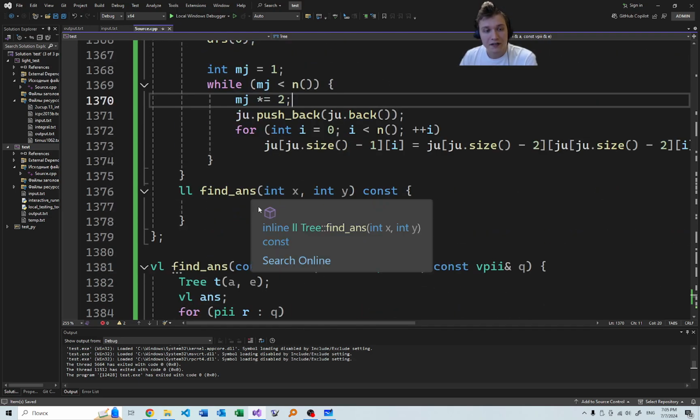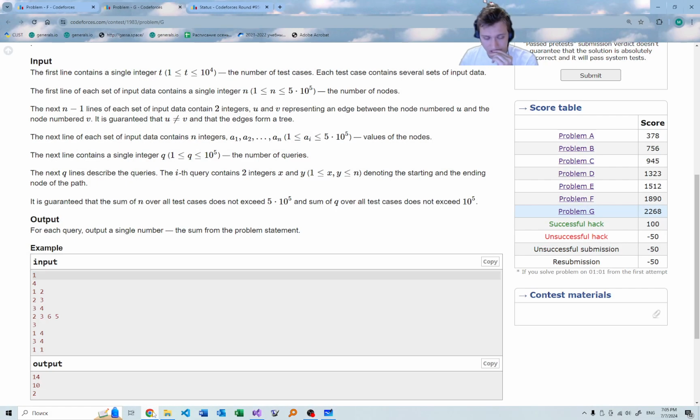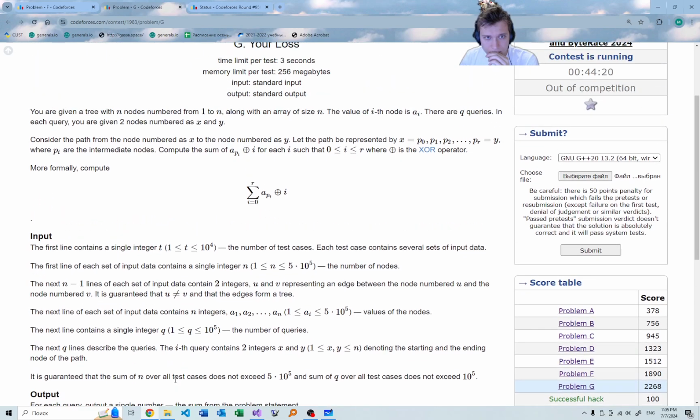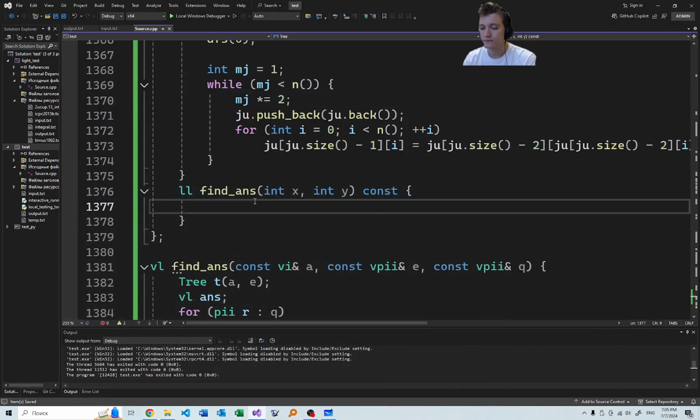Are we able to find ans now? Probably still not really. What do we need to do then?